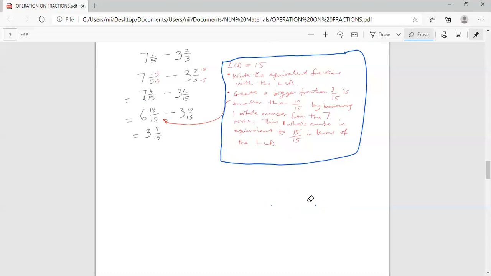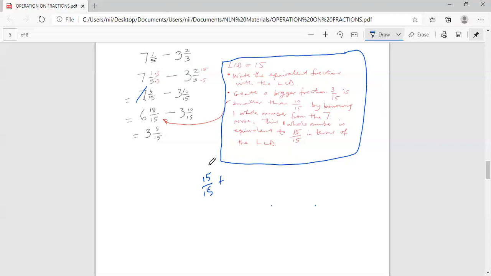I'm going to borrow 1 from the 7, and I have 6 whole numbers left. So the one that I borrow is 15 out of 15 parts.